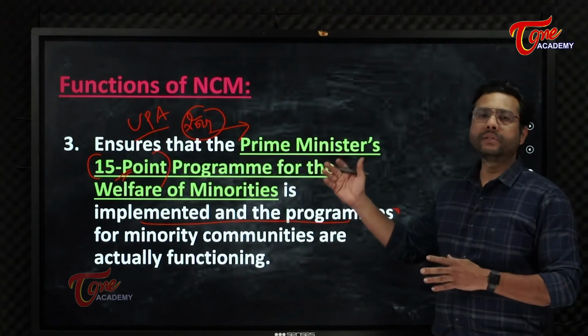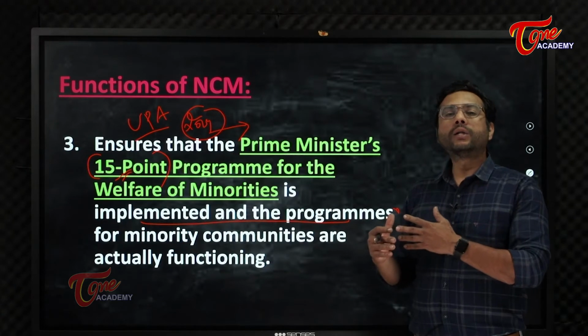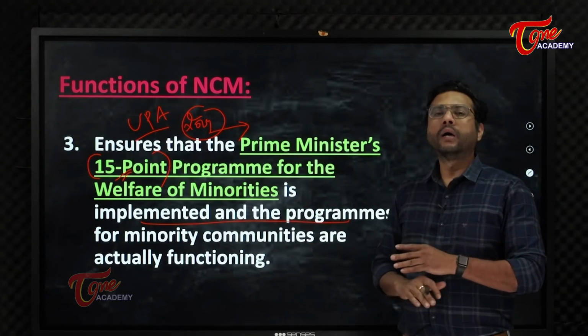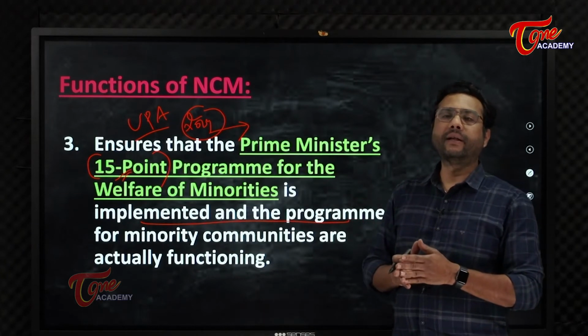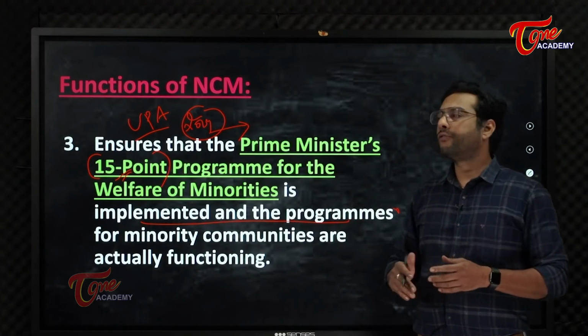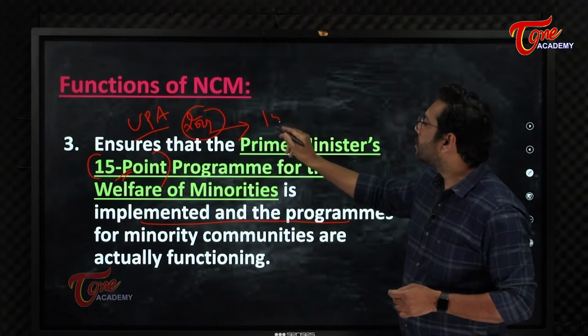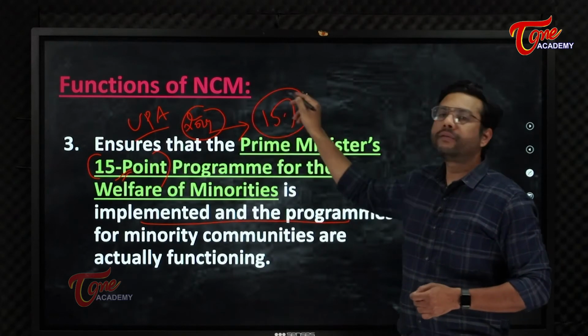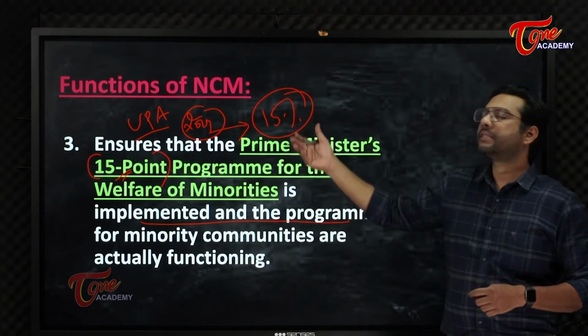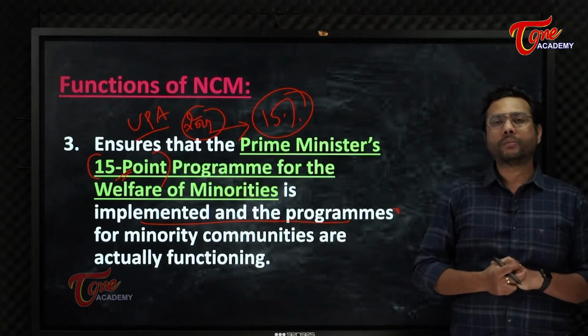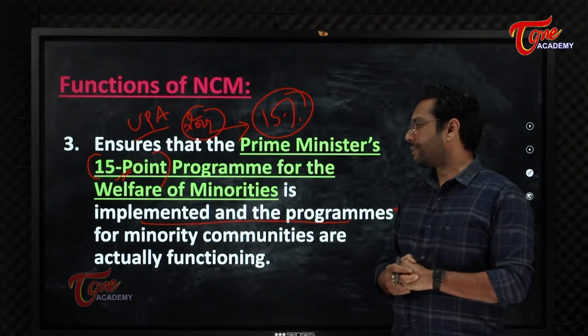But actually, what happens is we are providing the programs at the national level, but the special target is given. There was also a provision of around 15% of the allocated budget for the growth and development of the religious minorities. Even this step of the government was opposed by many states.